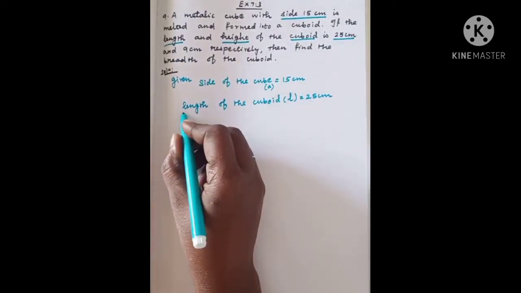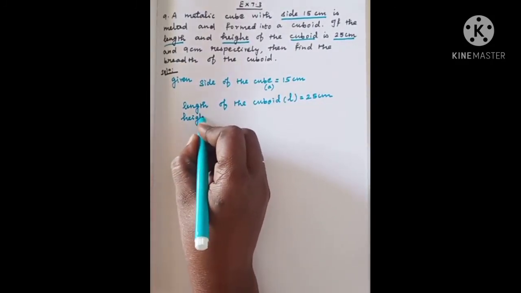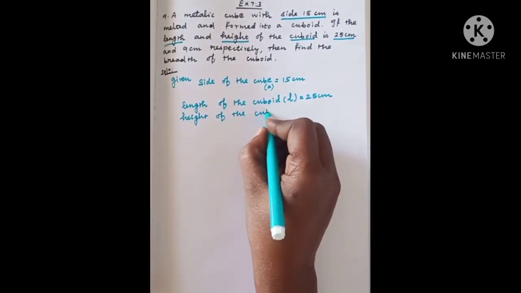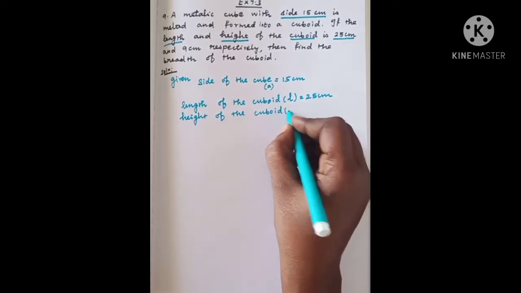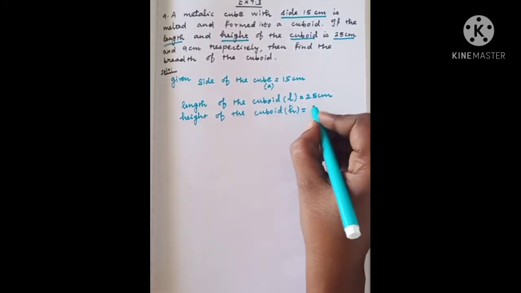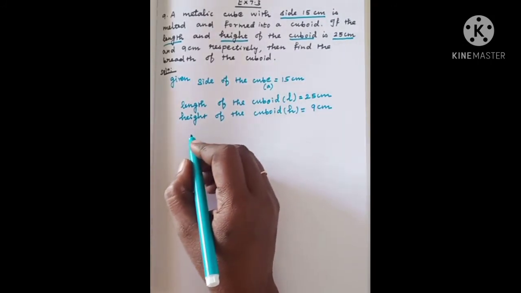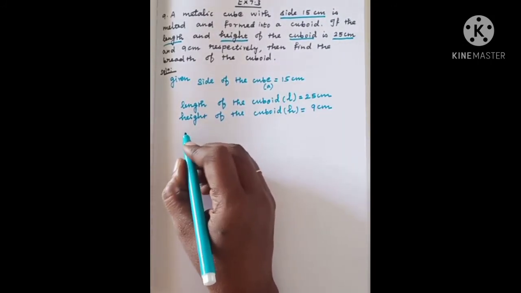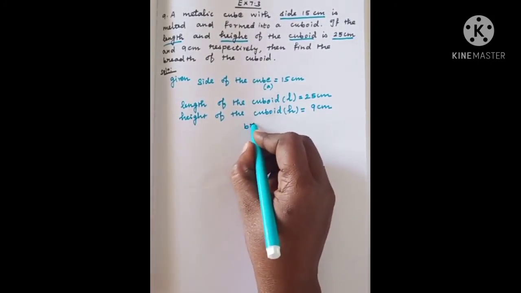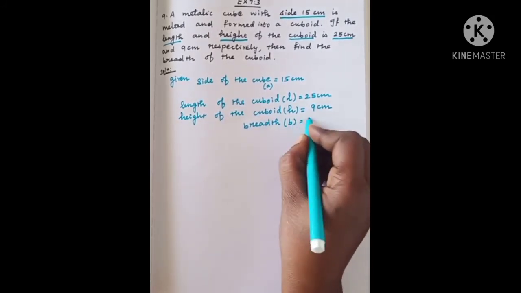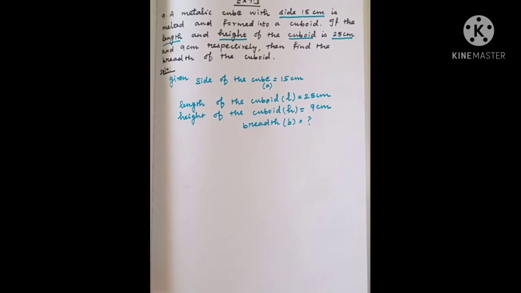And the height of the cuboid is H. Height of the cuboid is given as 9 centimeter. Now we have to find the breadth of the cuboid. Breadth is B. Breadth of the cuboid is taken as B. We have to find the value of B.